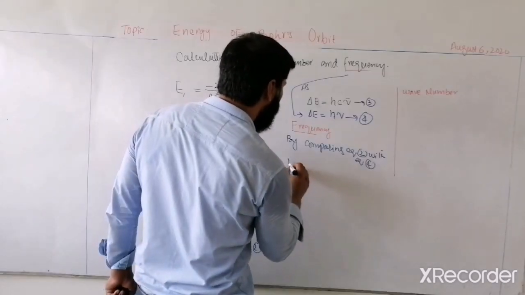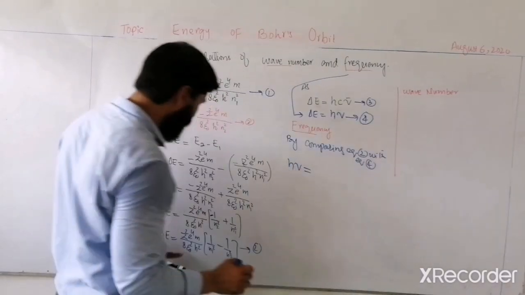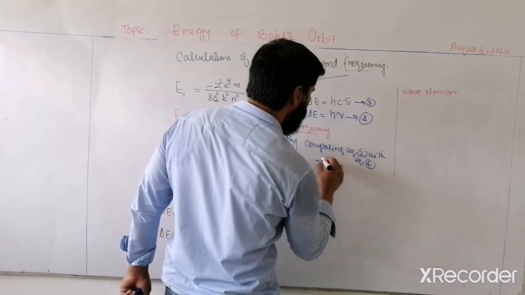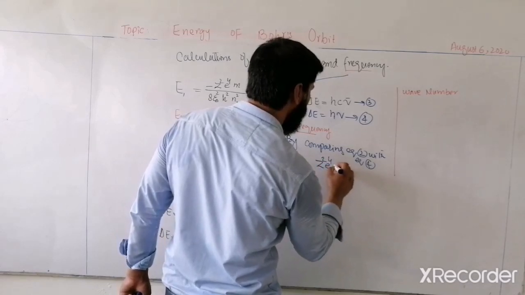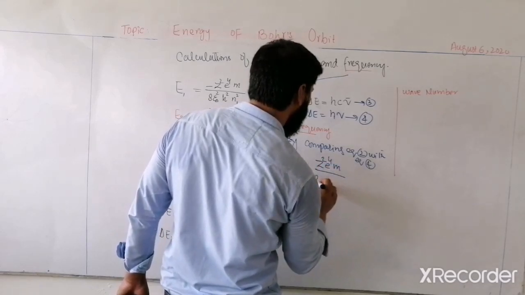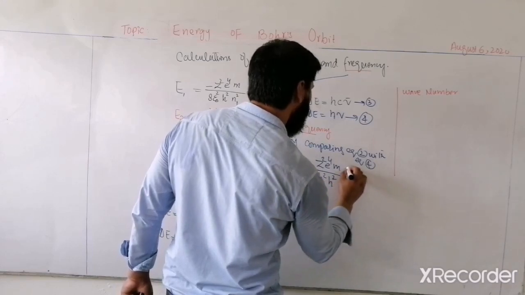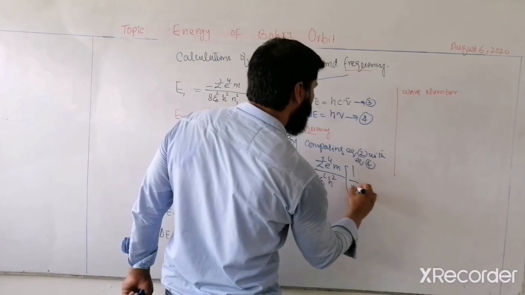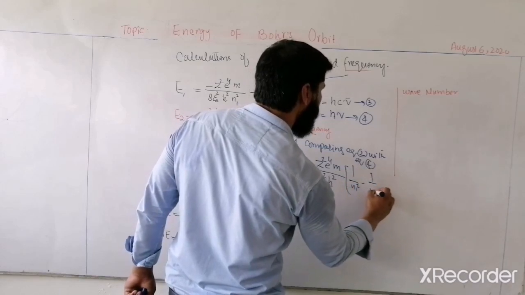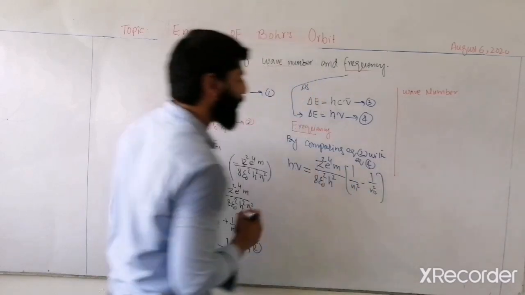So we have h nu, which is equal to Z square e4 m divided by 8 epsilon naught square h square into 1 by n 1 square minus 1 by n 2 square.